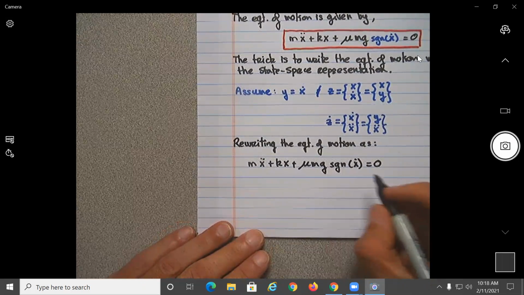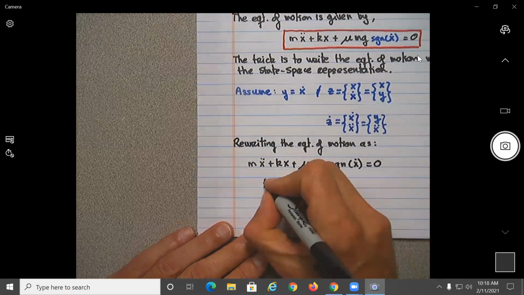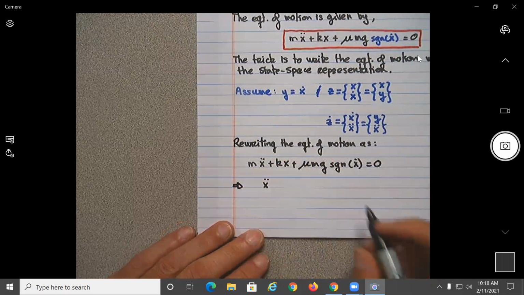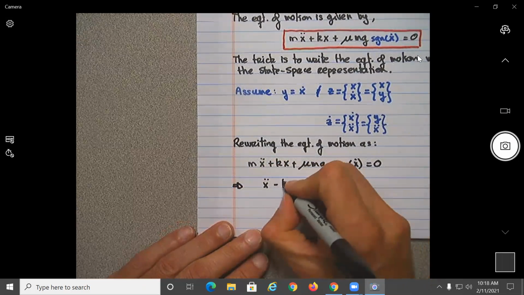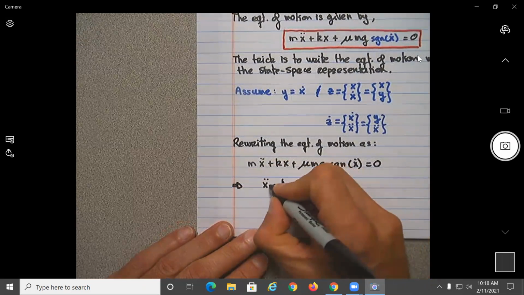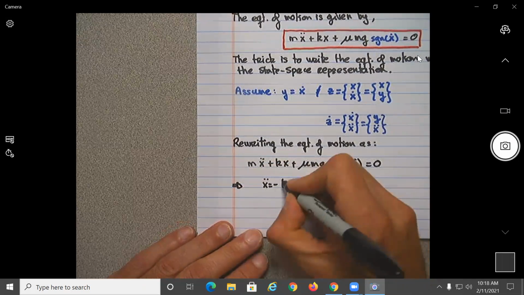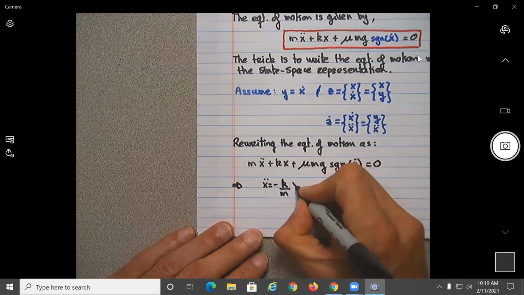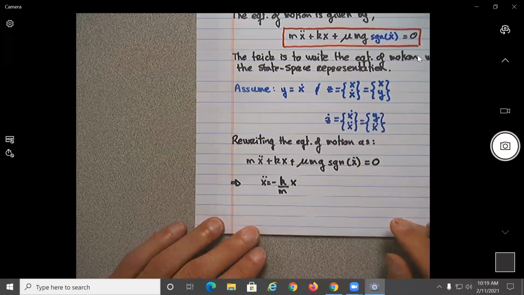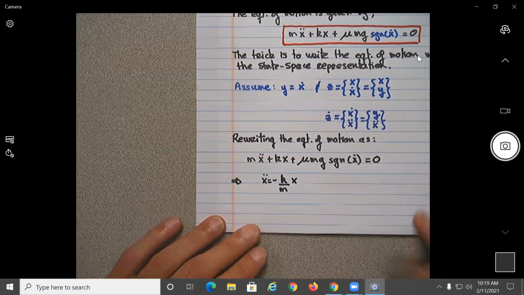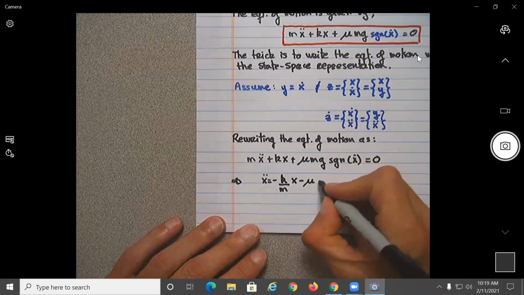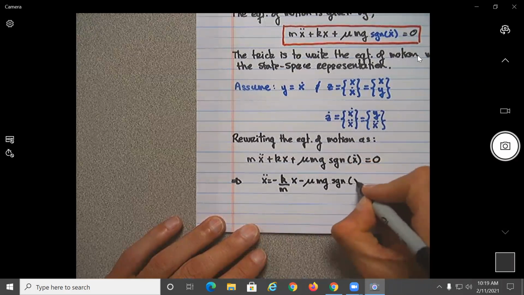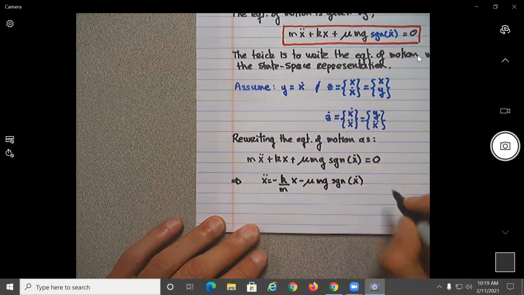So basically here, the only thing we need to do is to write that x double dot will be equal to what? Minus k over m x, minus mu g sign of x dot.